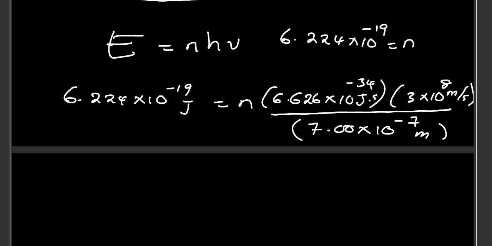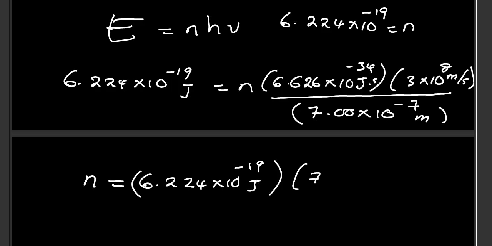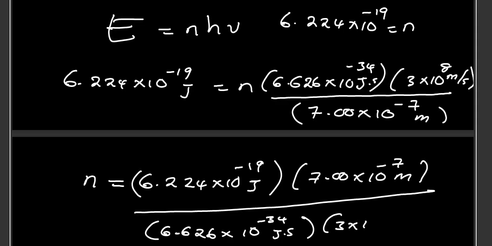So now we're looking for n. In short, I'll just solve it for you here, and you just have to punch it. So n will be 6.224 times 10 to the power negative 19 joules, multiplying 7.00 times 10 to the power negative 7 m, then divided by the down part, which is Planck's constant, 10 to the power negative 34 joule seconds, multiplying the speed of light, which is just this guy here.